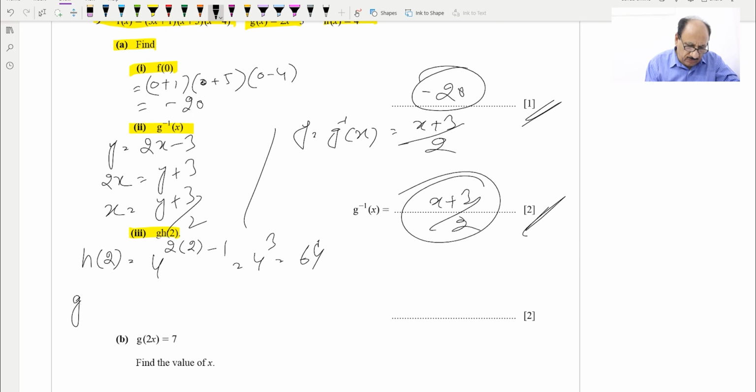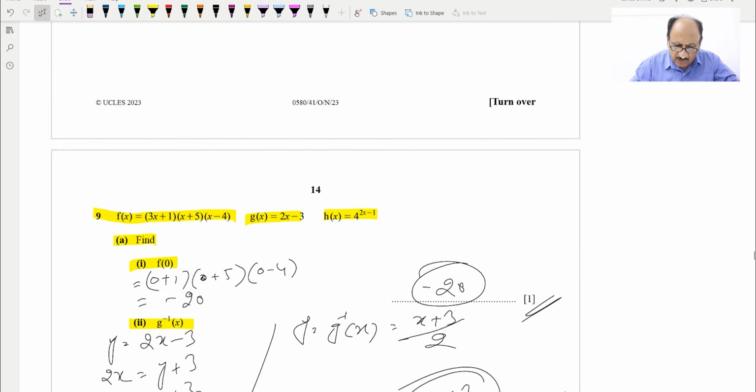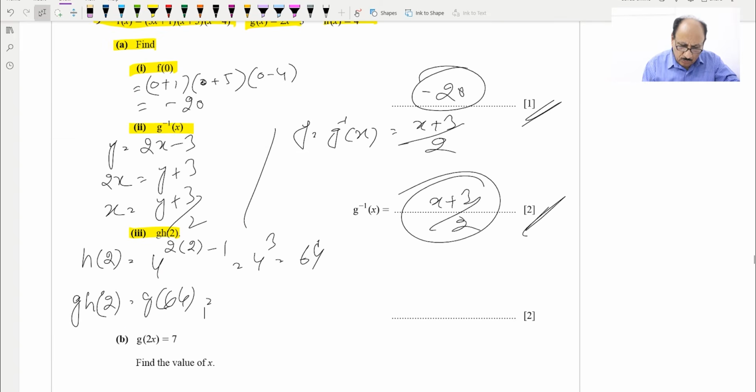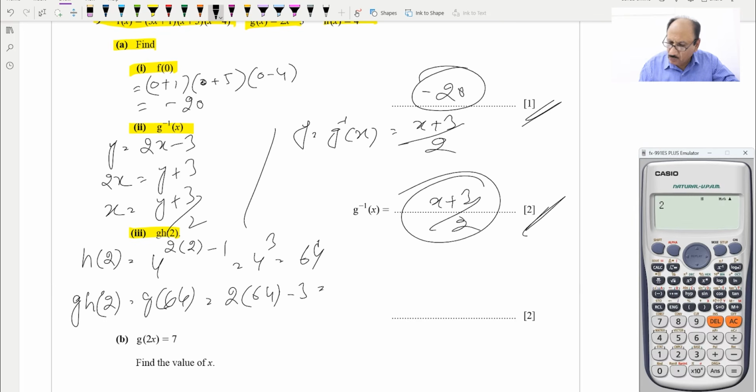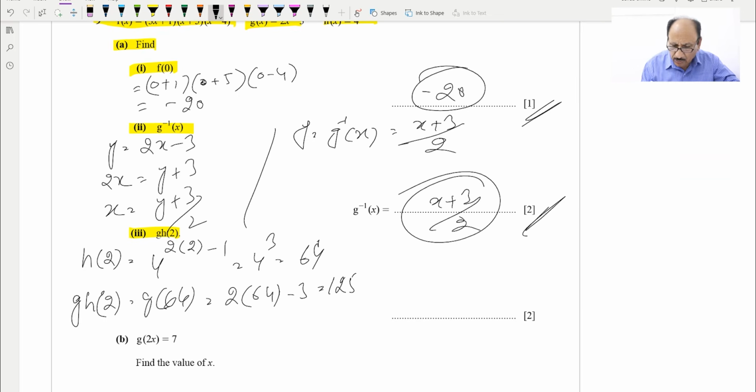Now g of h of 2 is equal to g of 64, and g of x is equal to 2x minus 3. So instead of x we will write 64: 2 into 64 minus 3 will give us 125.